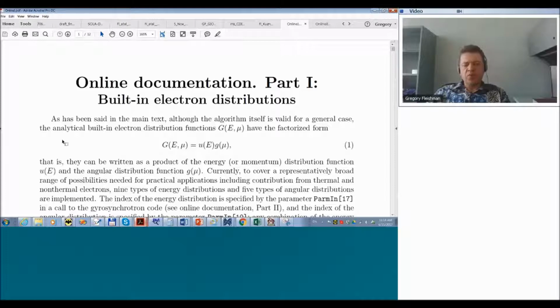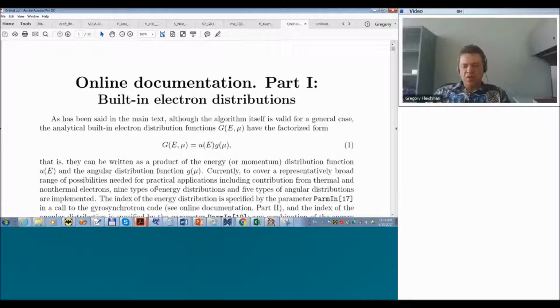The other very important ingredient is the ability to account for many different distributions of thermal and non-thermal electrons over energy and pitch angles.